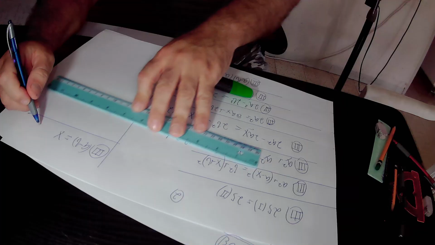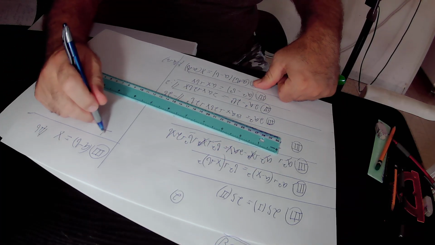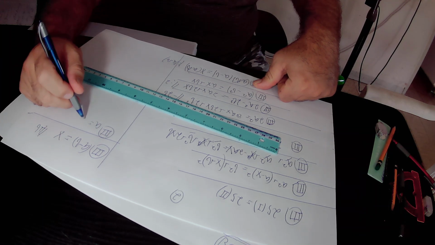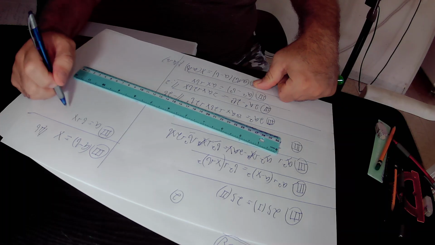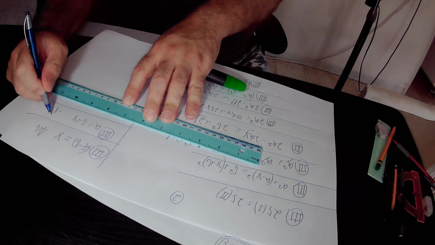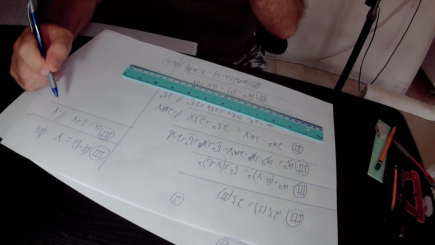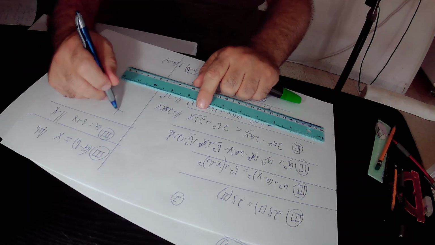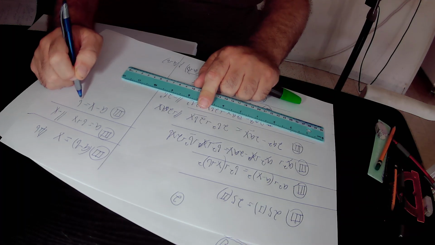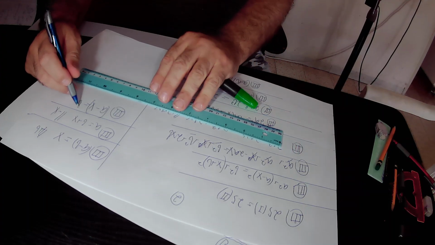So here we will add b to this equation, and we get that a equals b plus x. Here we subtract x from this equation, and we get that according to equation 3, a minus x equals b.